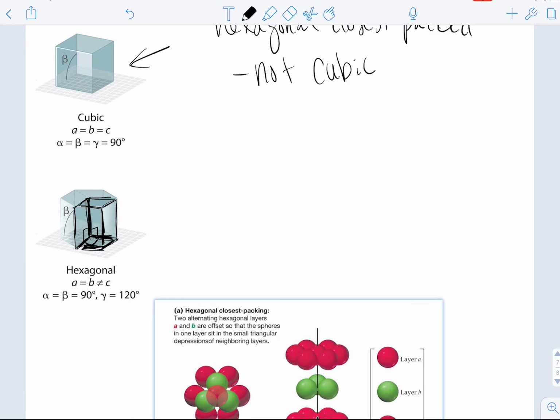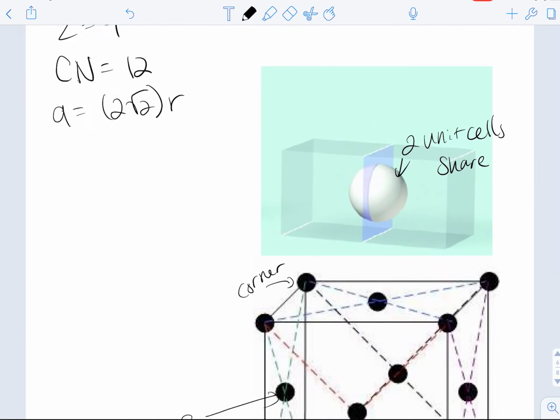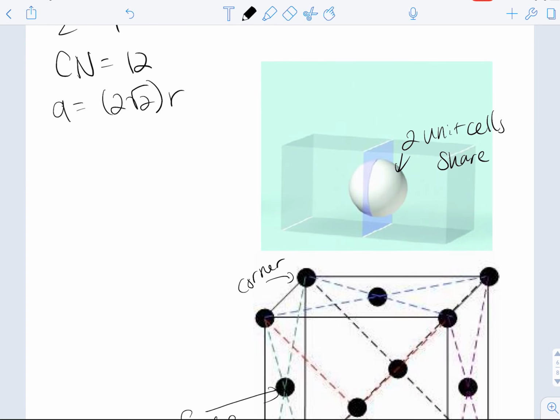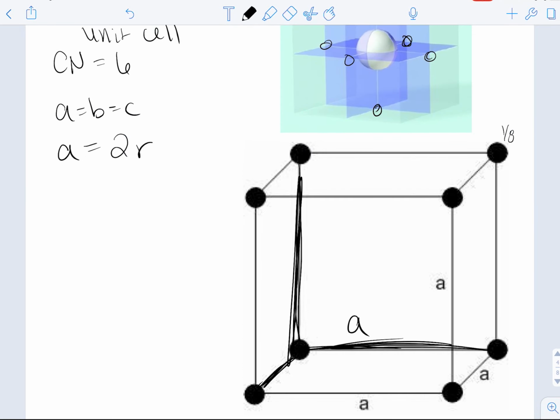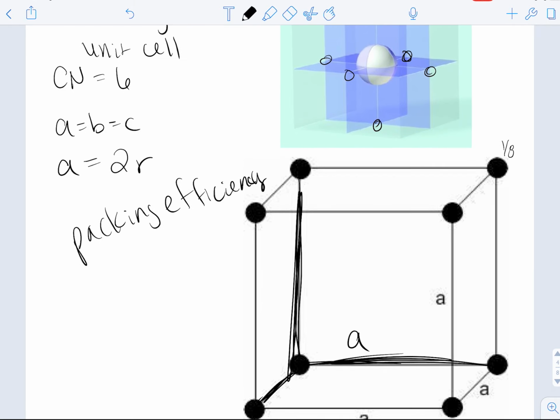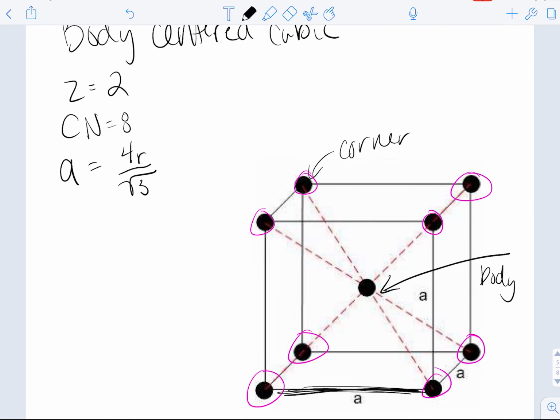It has a similar packing efficiency to our face-centered. Our face-centered has the highest packing efficiency of 74%. And I should have said this earlier, but our packing efficiency for our primitive cubic is like 52%, really horrible packing efficiency, and then body-centered packing efficiency is 68%.